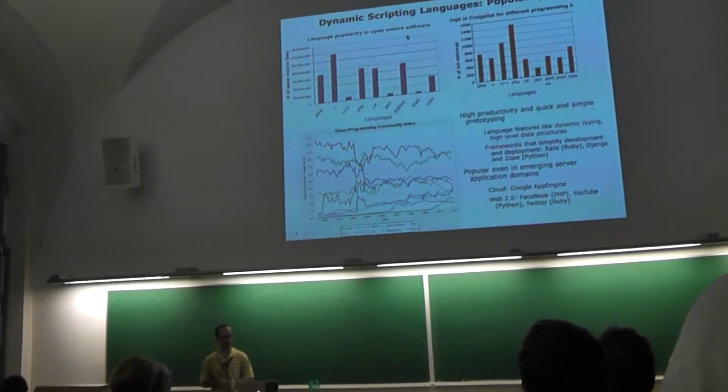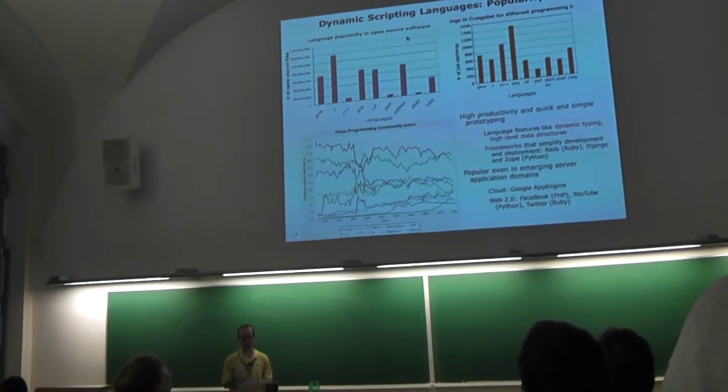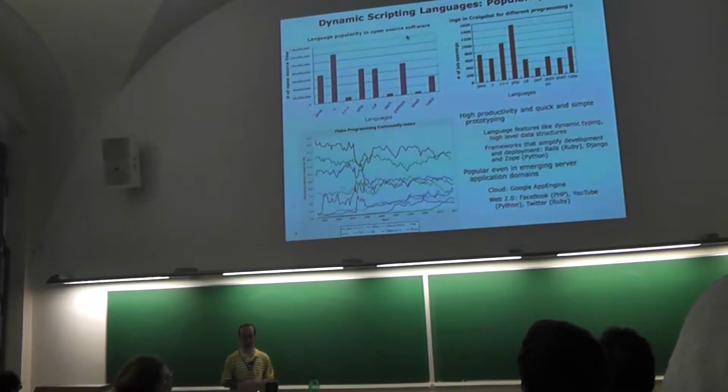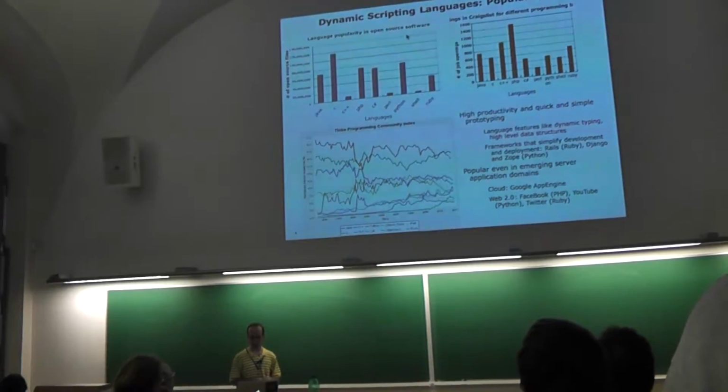This is sort of a background slide. This isn't the latest information about the popularity of languages, and C and C++ are alternating first, but in general, one can see these dynamic languages making a large amount of progress and inroads in the usage for applications. They're used for the flexibility of dynamic typing and high-level data structures.